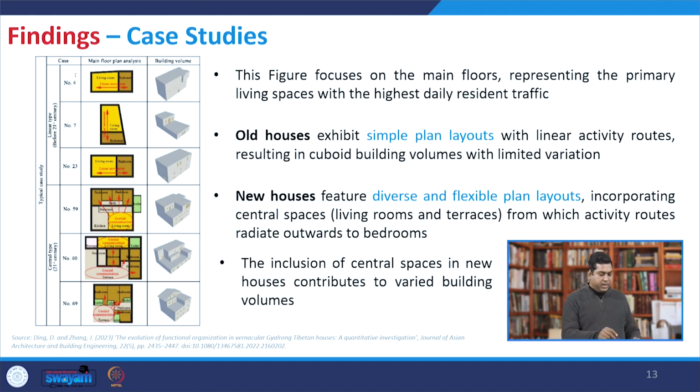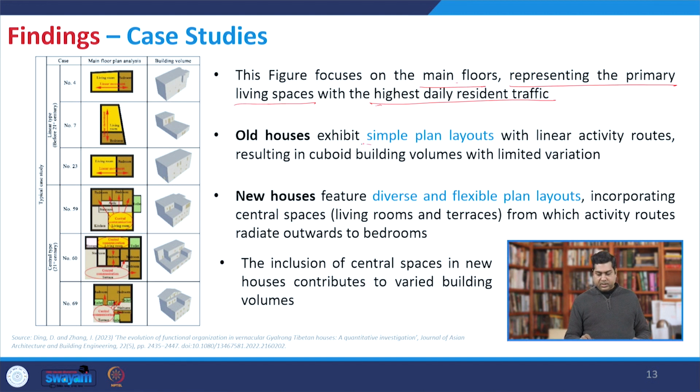There are three cases from the linear type, before the 21st century, and then the central type, which are buildings constructed in the 21st century, and these are their plans. This figure focuses on main floors, representing the primary living space with the highest daily resident traffic.